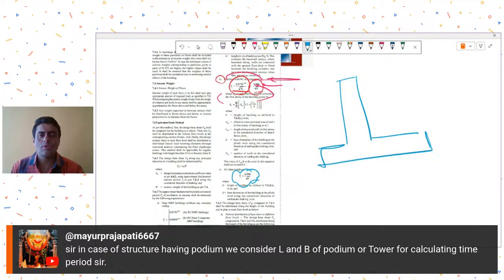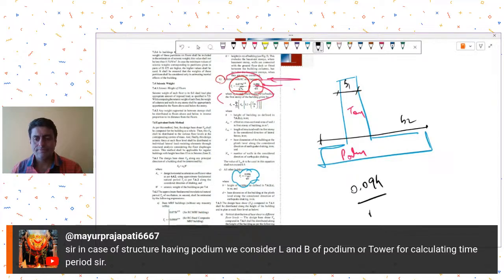time period. Suppose this is my section, this is my podium, and this is my tower, and this has a certain width b1, and this has a certain width b2, and I have this type of formula, and the earthquake force is in this direction. So this becomes my D. Now, will I take B1 or B2 in the D calculation? What do you think?